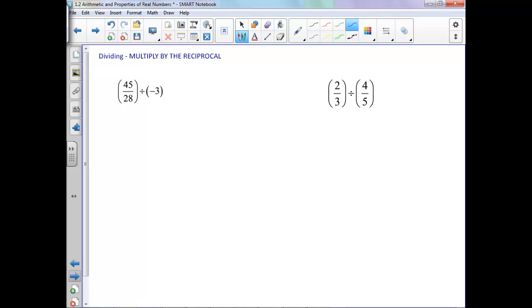When we divide, the easy way to do this is change the division to multiplication, and then you do the reciprocal, which just means flip the second fraction. So for example, in this first one, this negative 3 is over 1. So I'll have 45 over 28. Change the division to multiplication.